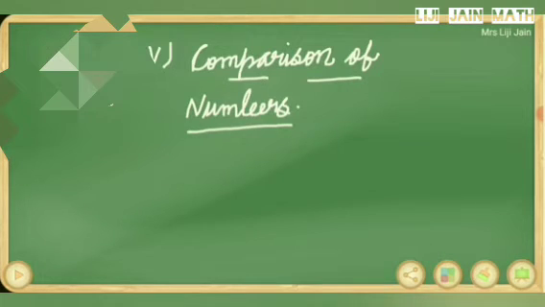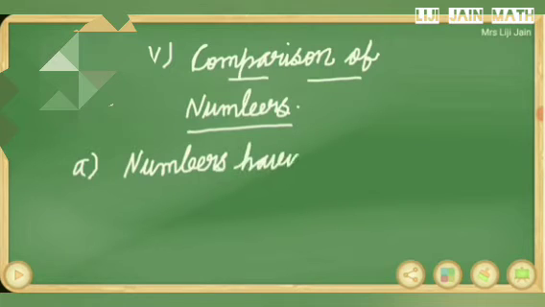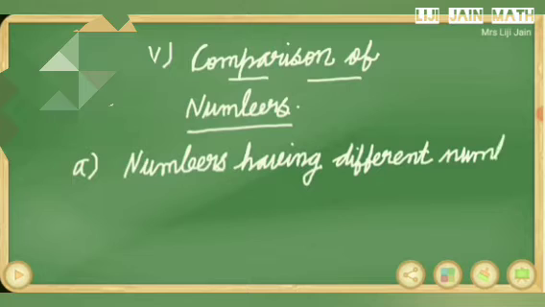Shall we start writing? Yes. In this, the first one is numbers with different number of digits. Numbers having different number of digits.